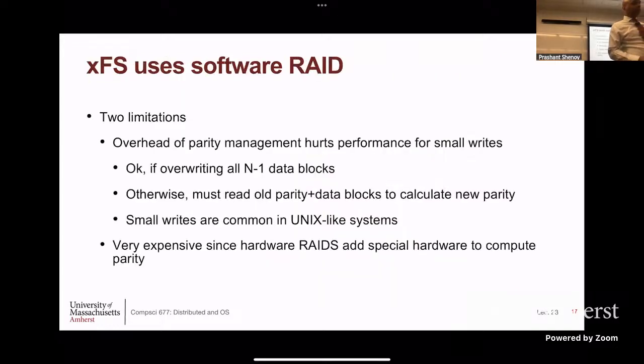So xFS is going to essentially use not hardware RAID, unfortunately. We'll use software RAID because the disks are not on one machine. Remember, I said it's a serverless file system. You have a set of n machines. All of them act as a part of a storage server. So first thing is you're going to take your files and you're going to stripe them across all the clients.